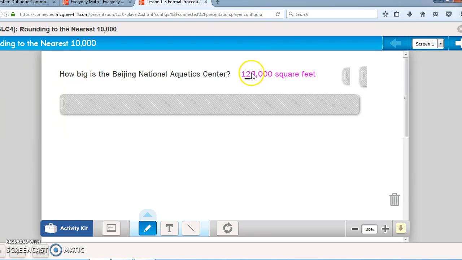What you do to that place depends on the number to its right. If it's 5 or higher, we round up. If it's 4 or lower, we round this number down. So since 9 is higher than 5, we will round it up.